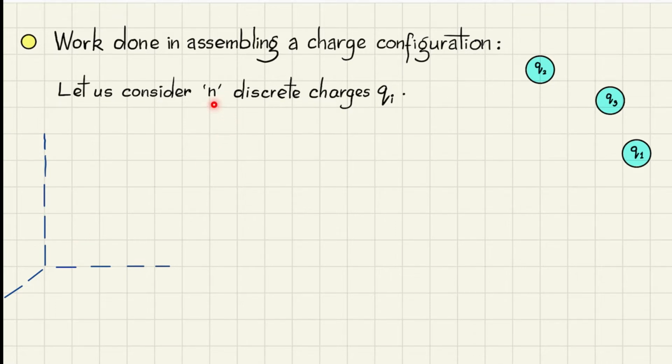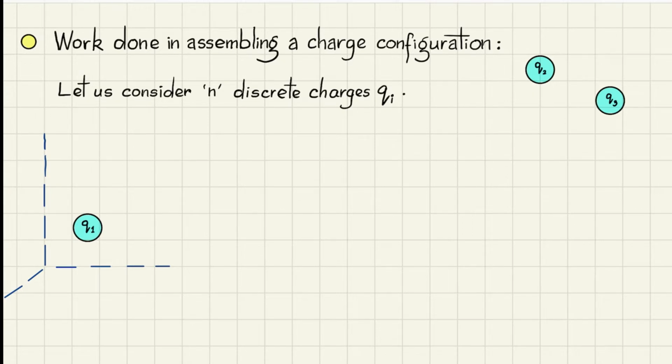And so I'll extend it to n discrete charges Qi, with i going from 1 to n. But let's start with 1, 2, and 3. So let me bring Q1 to my area where I want to put it. Suppose this is the appointed place, and I nail it down here, Q1. How much work did I do in doing this?